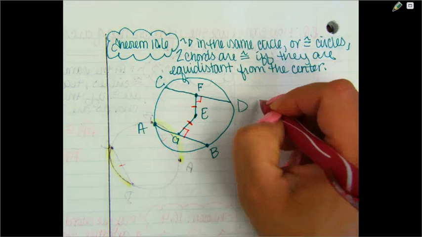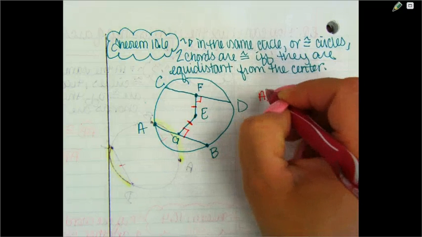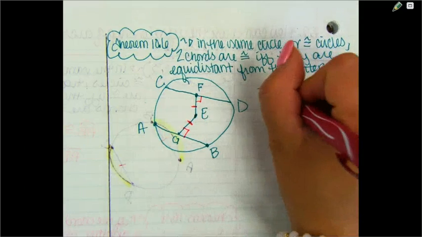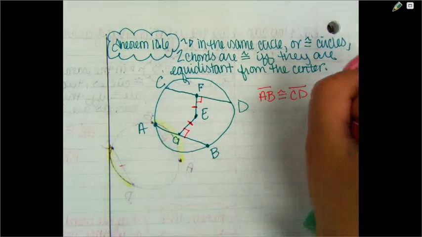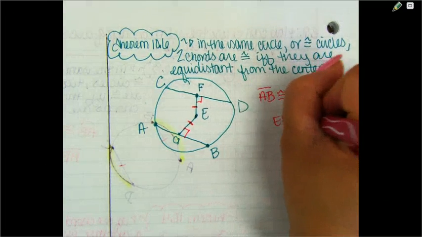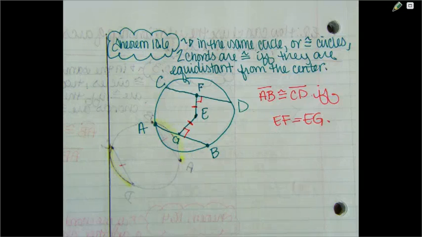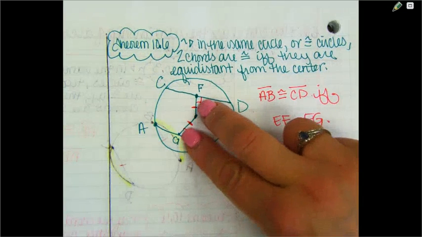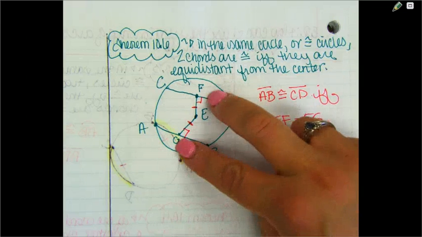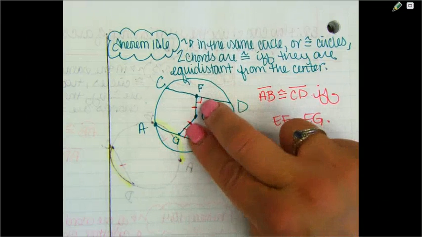So what we're saying is that these two chords, AB, will be congruent to CD if and only if EF equals EG. So these are equal, these are equal. If these are equal, these are equal.